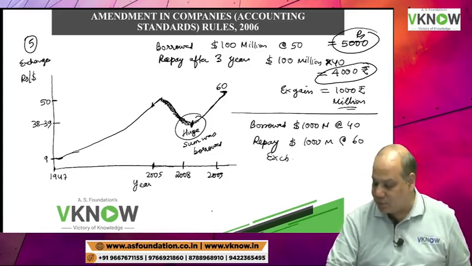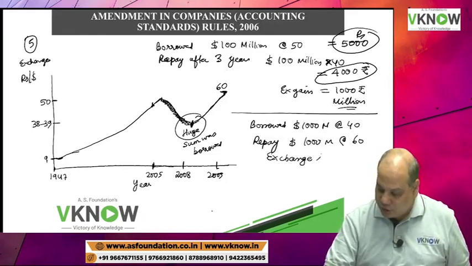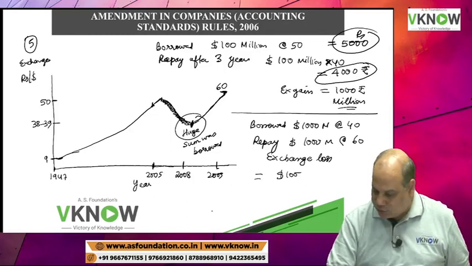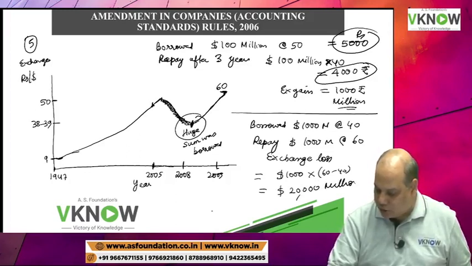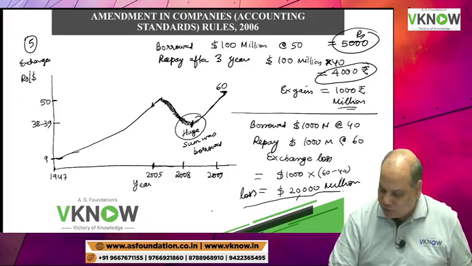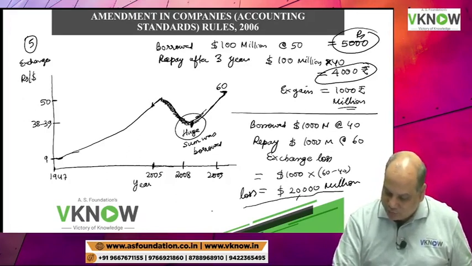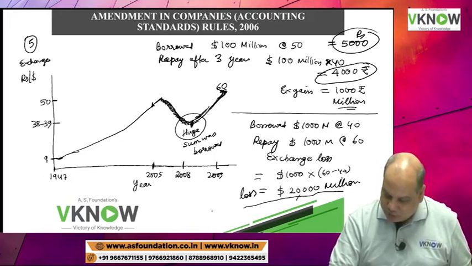Such a company will have an exchange loss equal to $1,000 million into the difference 60 minus 40. Oh my God, hold your breath, otherwise you might have a heart attack. They suffered an exchange loss of 20,000 million rupees just because the exchange rate suddenly increased.